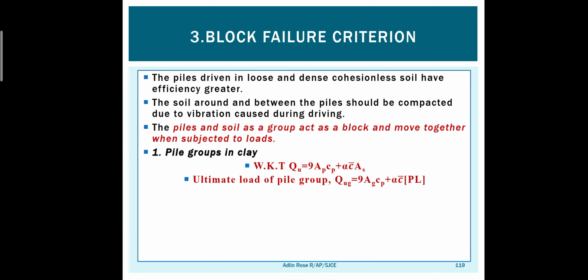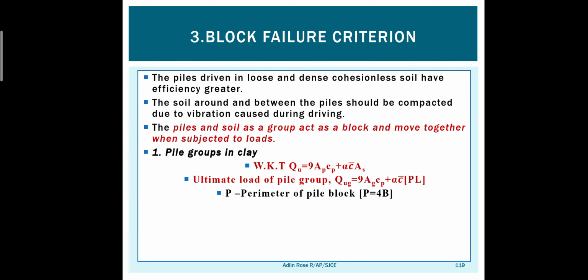Similarly, for a pile group, QUG is equal to the same formula: 9 APG Cp plus alpha C bar, where instead of As we use the formula capital P into L. For a pile group, As is equal to PL.